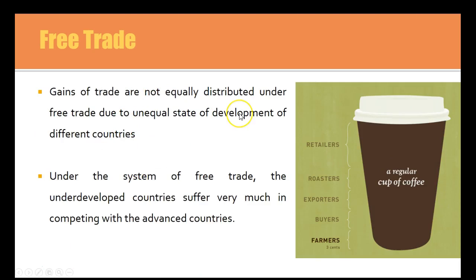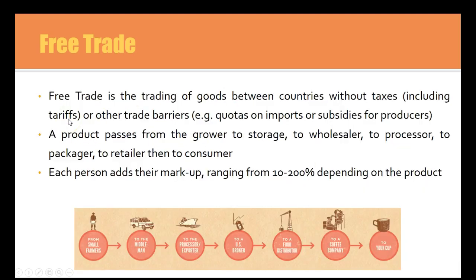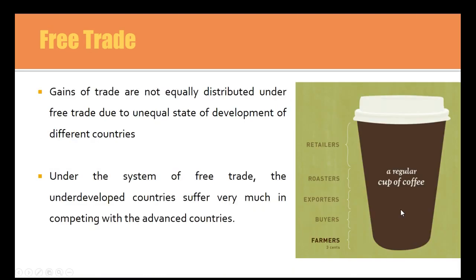So the gains of the trade are not equally distributed in free trade due to the unequal development of different countries. So a lot of these crops, if we look at coffee, for example, they're cash crops. So they're planted in places in third world countries and then bought off incredibly cheaply and then marked up ridiculously.